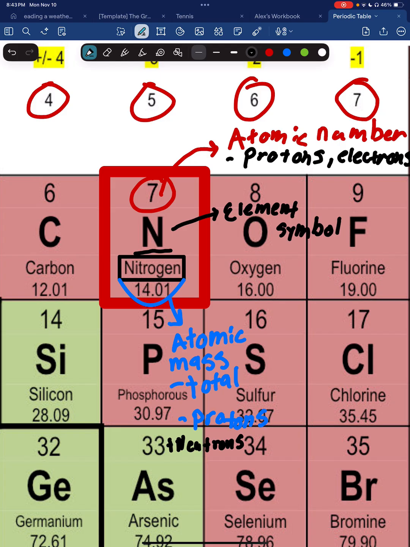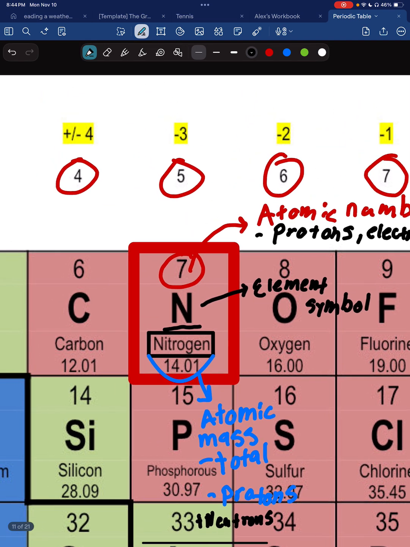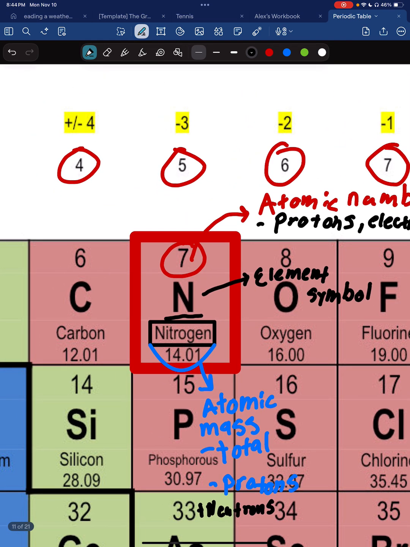This is how you figure out, on your Bohr models, which we'll get to later, how many neutrons we need to put in. Our atomic mass is 14, and if we subtract our atomic number, 7, this will tell you how many neutrons we have. So 14 minus 7 gives us 7 neutrons.